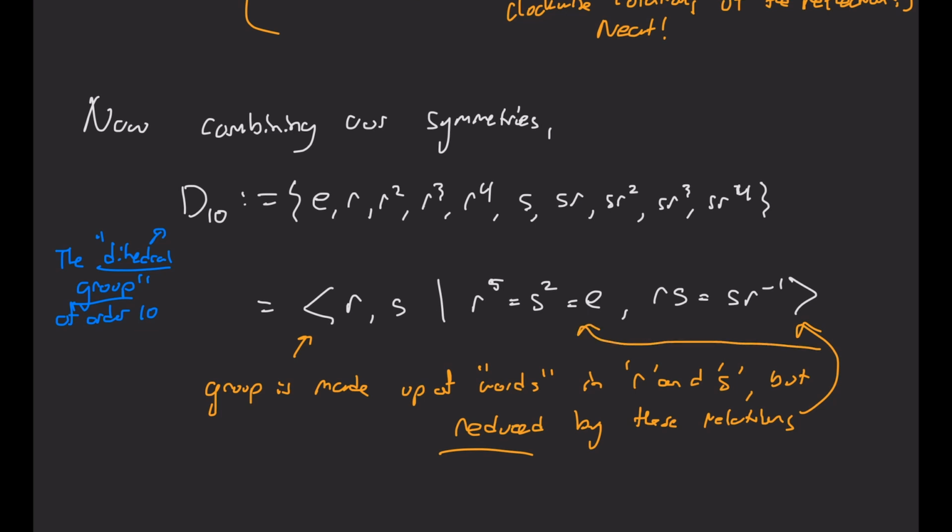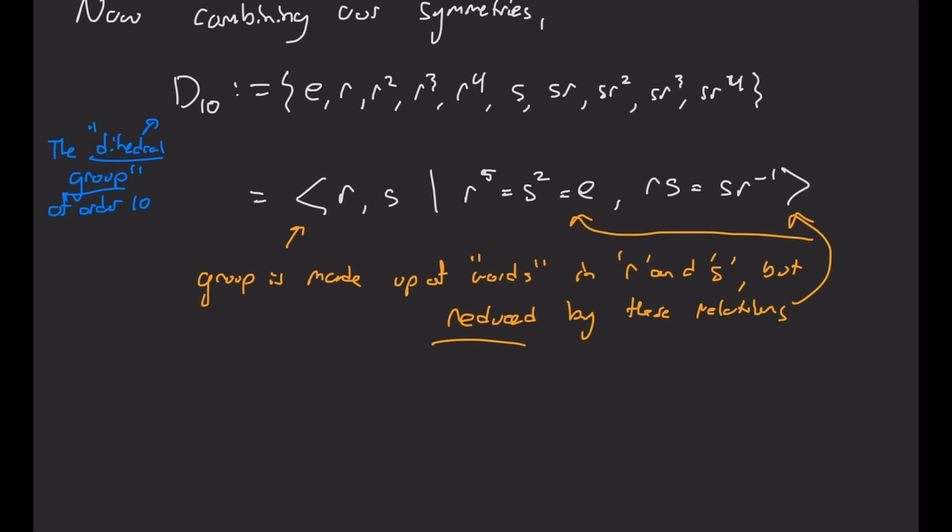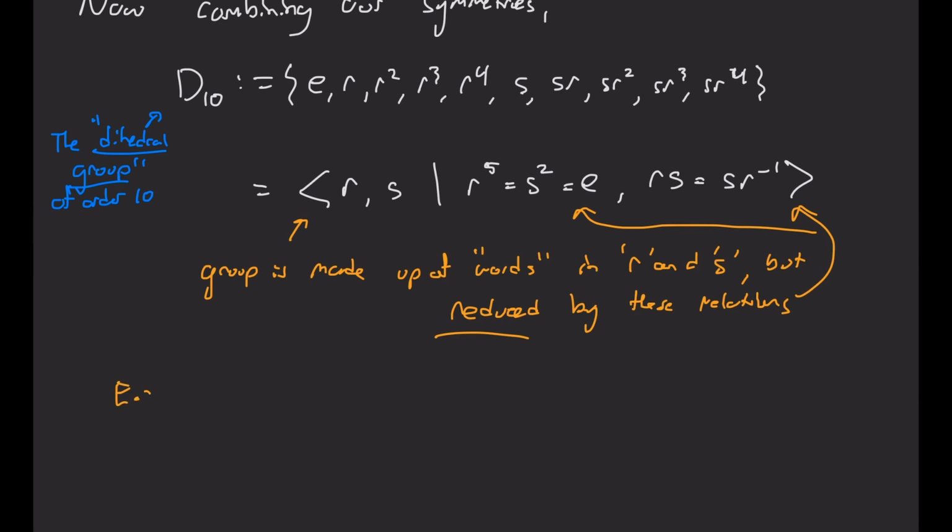So we can reduce any word in R and S to something that looks like something in D10. And if you want to try a little exercise, can you reduce the word R squared S, R cubed S, R to look like something in the set D10 above, using those relations?